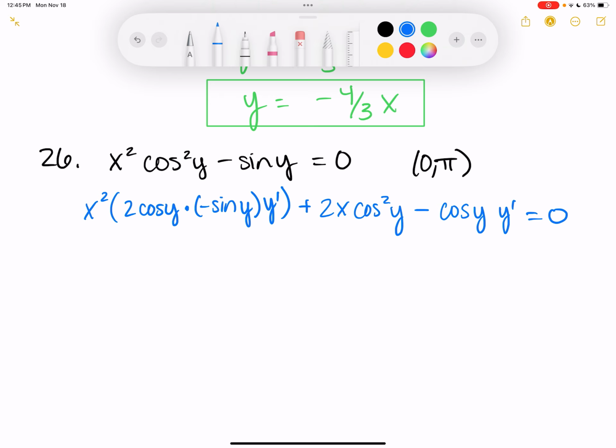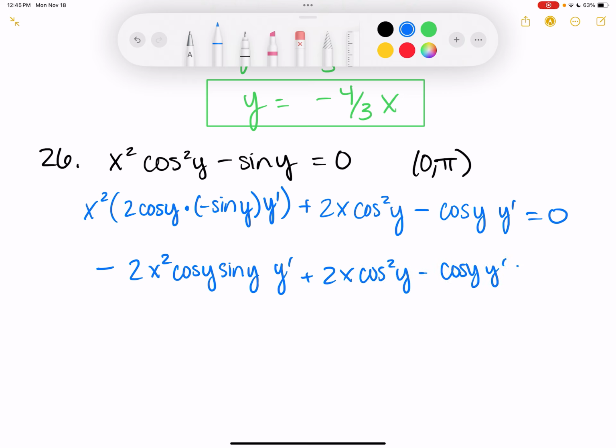So I get negative 2x squared cosine y sine y y prime plus 2x cosine squared y minus cosine y y prime equals 0. So I just basically rewrote the stuff from the beginning.